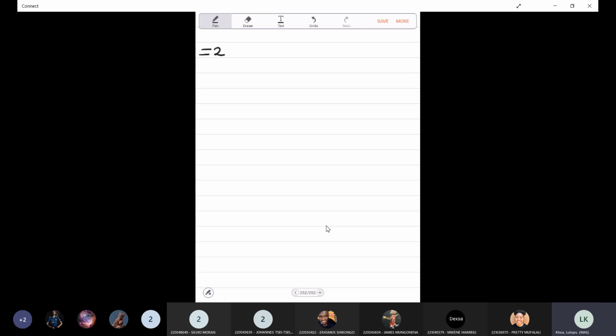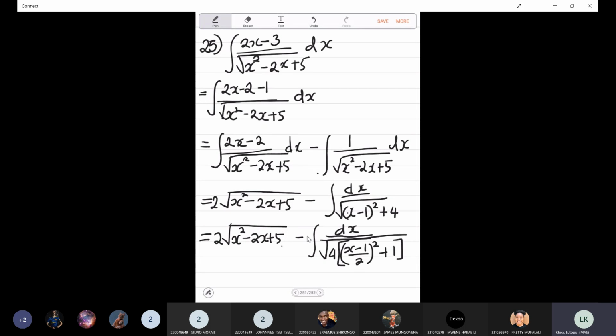This is 2 square root of x squared minus 2x plus 5, and then minus, we said that in the numerator we need a half, which we have, so it's a half because of this 2 here, so it was a half outside.